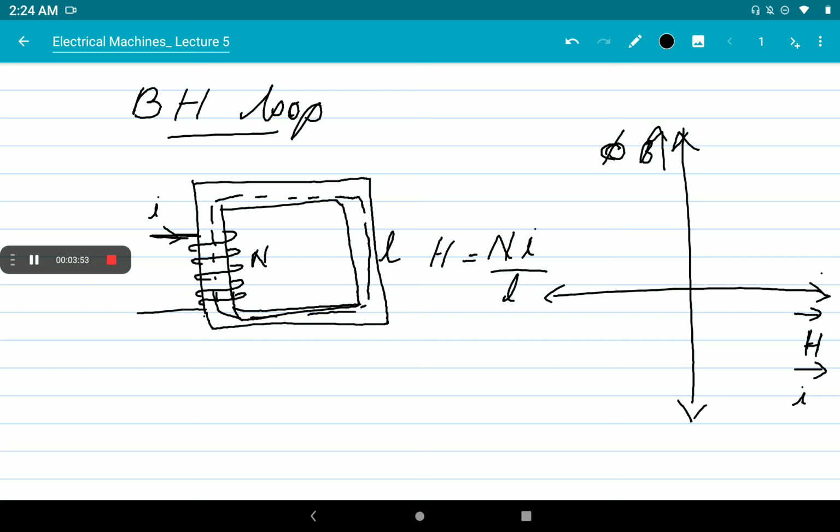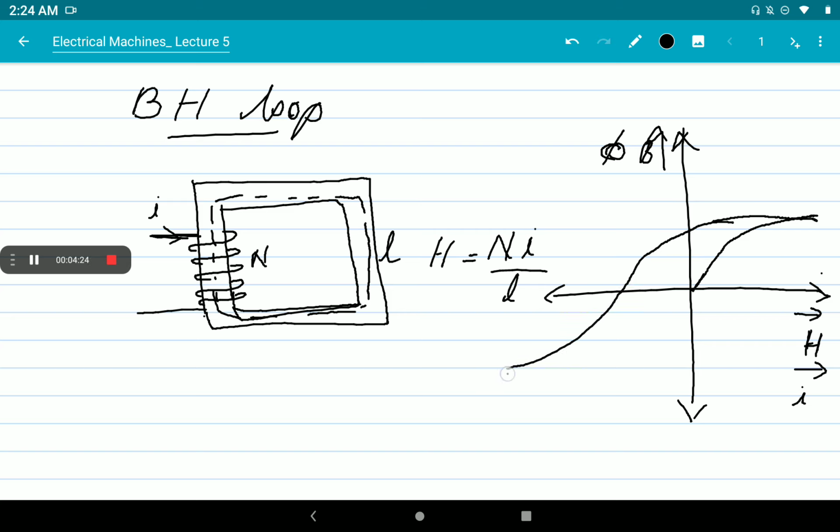So when we increase the current, the magnetic field intensity also increases, up to saturation. When it becomes saturated, then when we decrease the magnetizing field to zero by decreasing current to zero, what happens? I and B do not reach zero. This will follow a path like this.